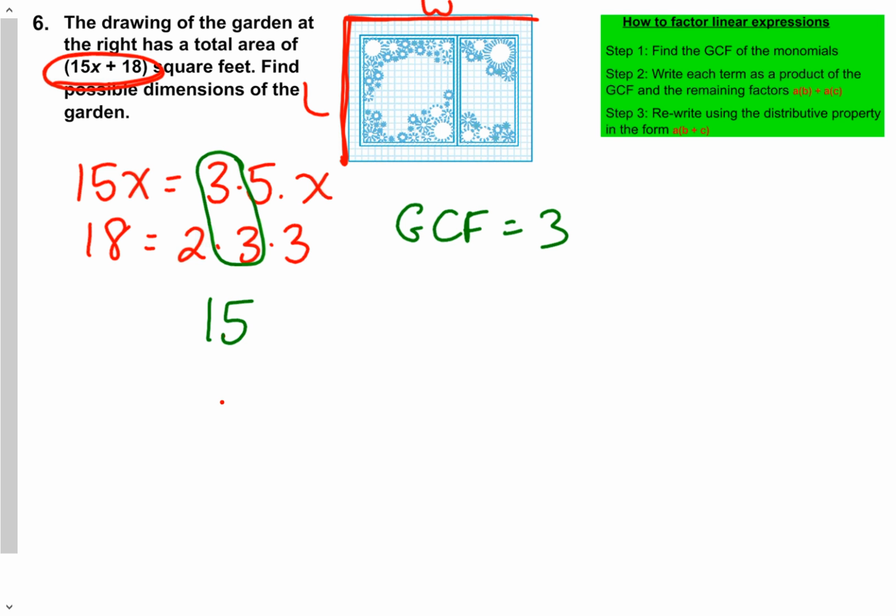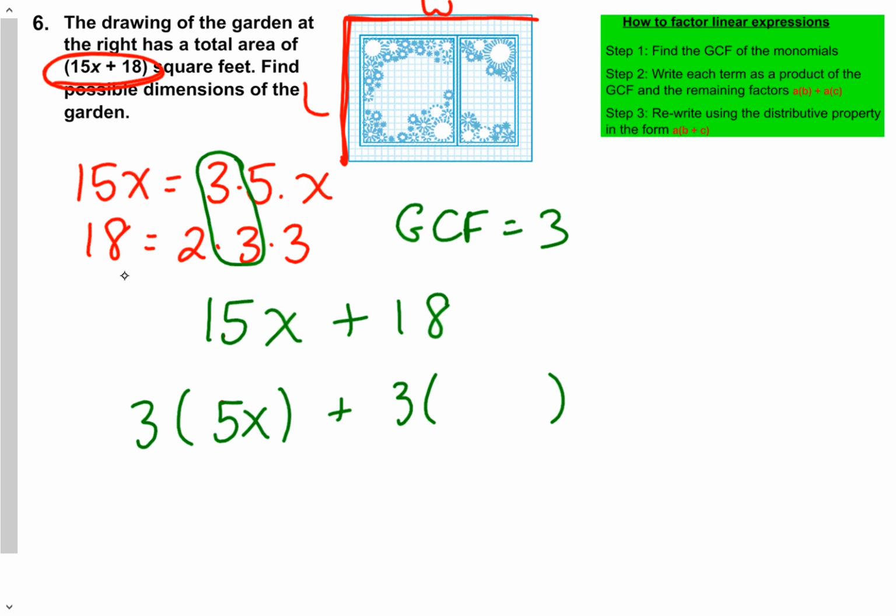So 15x plus 18 is going to be written as a product of 3 and whatever remaining factors we have. So out of 15x, if we took out the 3, we're left with 5 times x, or 5x. And then in 18, if we took out the 3, we're left with 2 times 3, or 6.